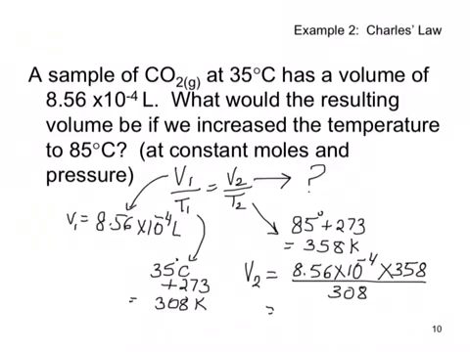So on my calculator, I'm going to punch in 8.56 times 358 divided by 308 and it comes out to be 9.949 times 10 to the power of -4. If you wanted to go with the significant figures, you'll report it as 9.95 times 10 to the -4 liters.